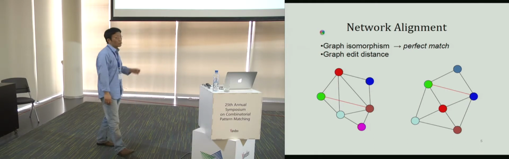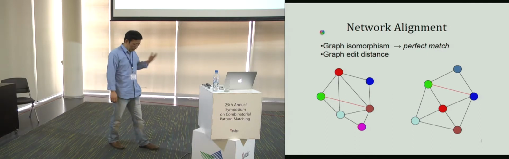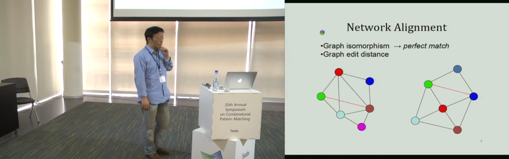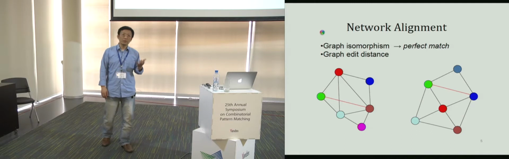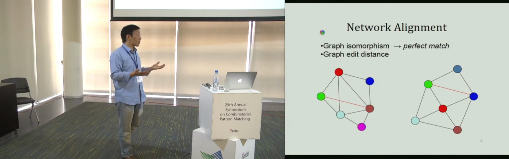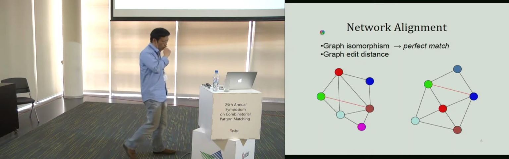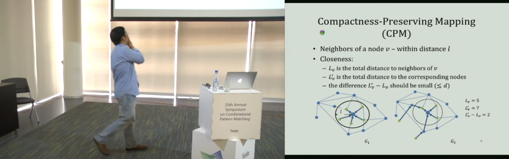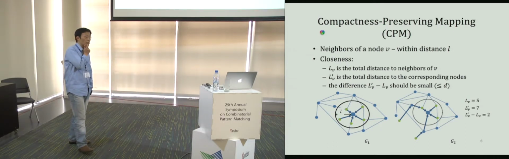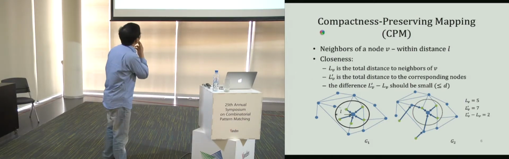But we have to solve the PPI network alignment problem. So we try to look for another formulation of the graph comparison problem. This is one model we want to define for the comparison of two graphs.